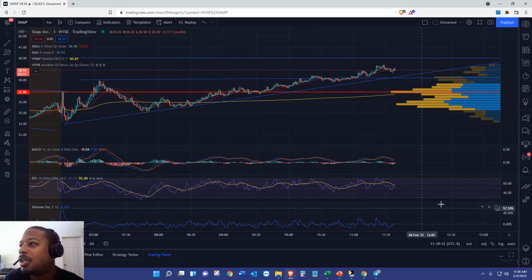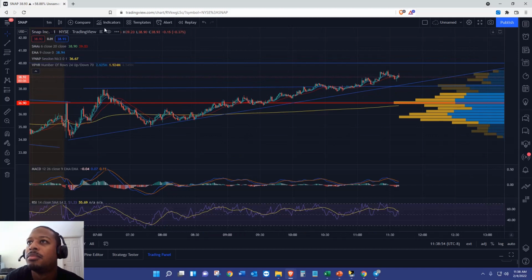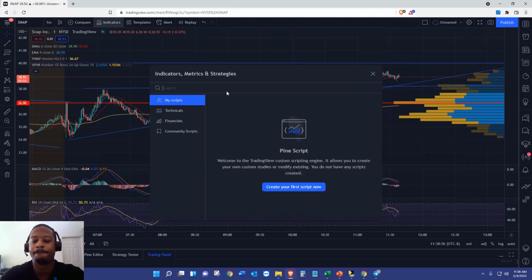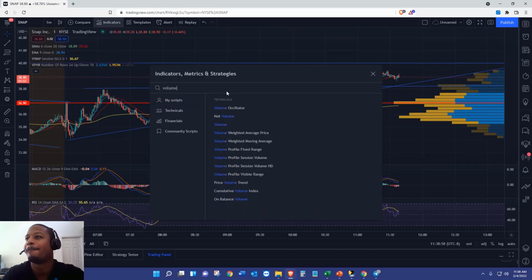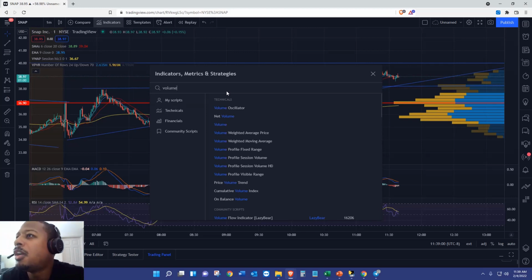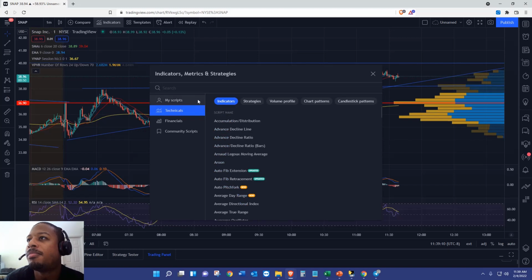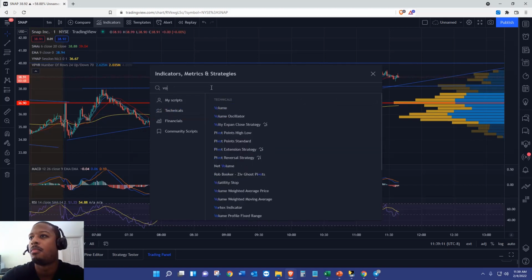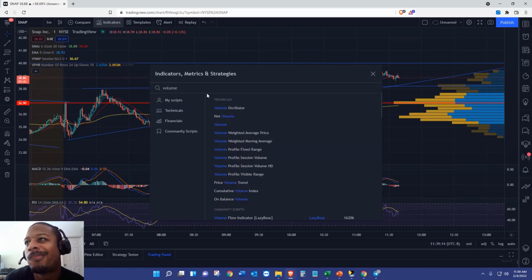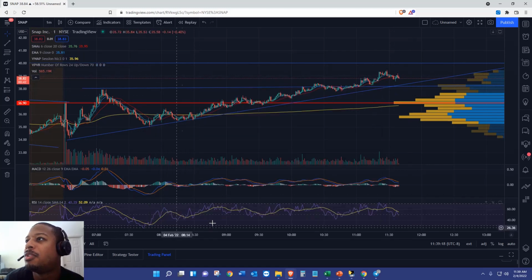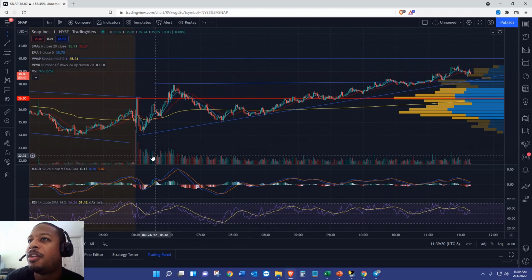Let me close out that oscillator. Boom. Where did they move it to? I think they changed it. It's fine if it's not there. Usually some charts will come with it default on there. Booyah, it was on there. There we go. So there's the volume bars right there.